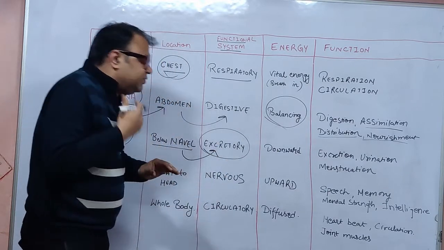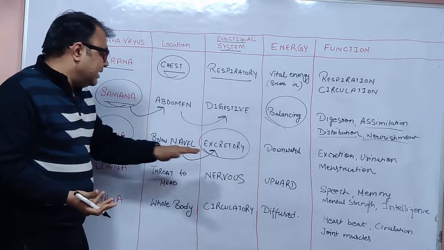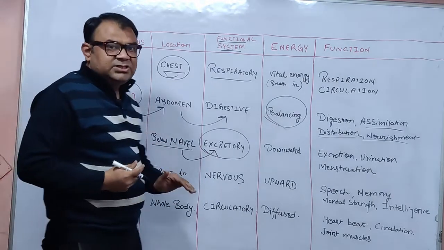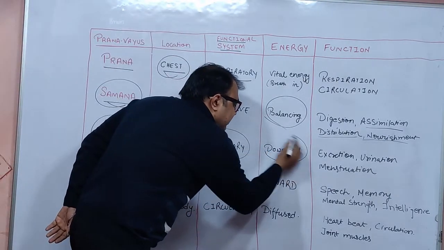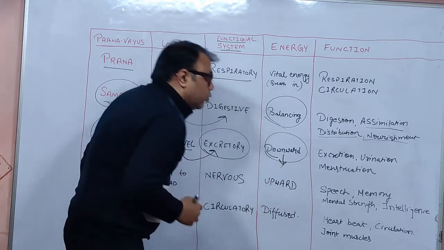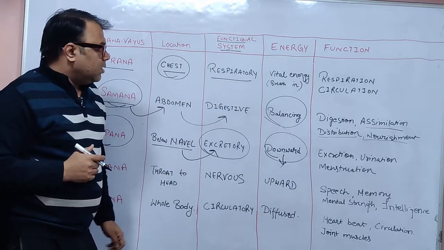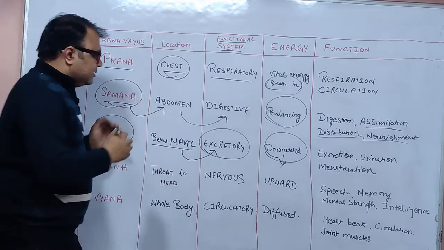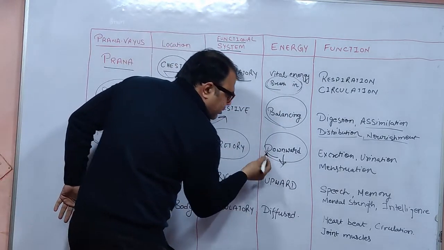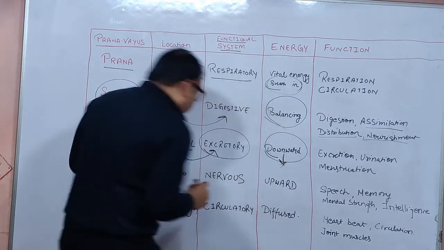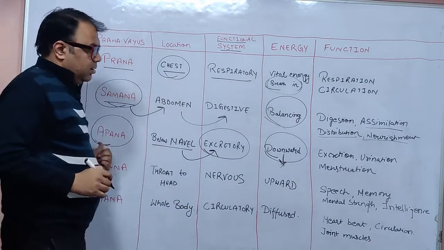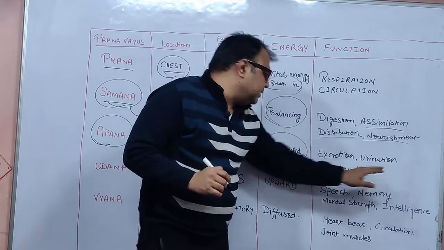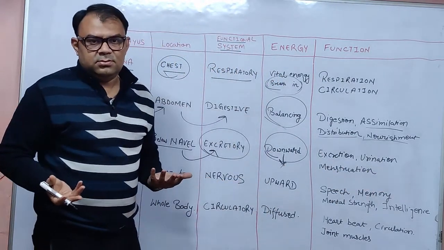The functioning of the excretory system is done by Apana Vayu, and its direction is downward. The excretion is done by this downward energy, Apana, and it is responsible for excretion, urination and menstruation.